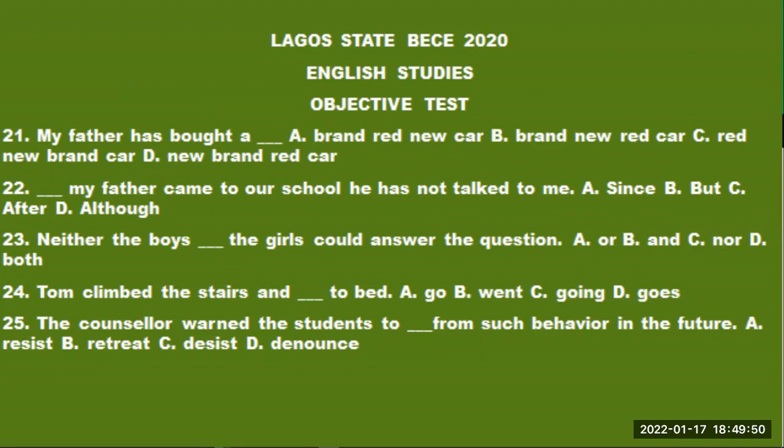D stands for determiner, O for opinion, all right? And then you begin to look at other types of adjectives. You have adjectives of size, all right?